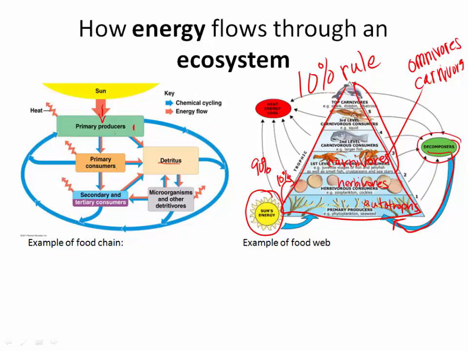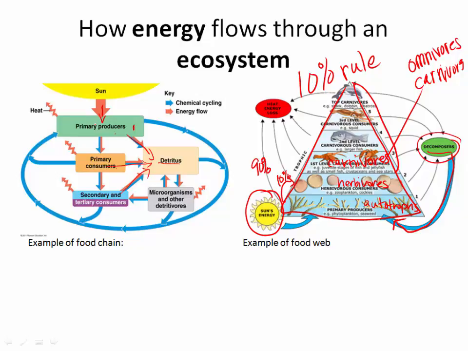Energy flow goes from the sun to the producers to the consumers to the secondary and tertiary consumers, and all of them also go to the decomposers. The chemical cycle is chemically what the decomposers put back into the ground. So if a plant dies, when it gets broken down, all of those molecules are put back into the system so that they can be used by something else.